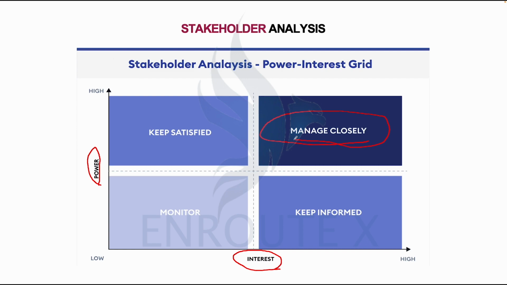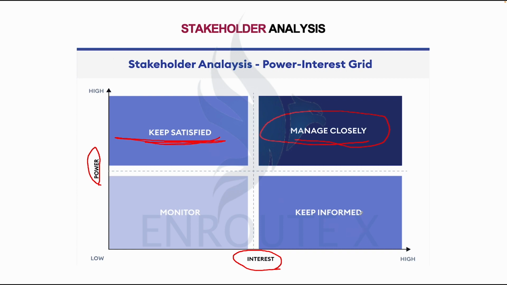A stakeholder that has high power, that can do and undo, and has high interest, you want to manage closely. Where you have a stakeholder that has high power but low interest, just keep them satisfied.